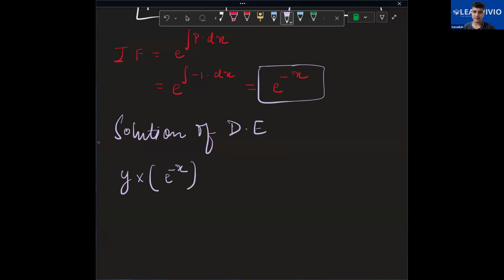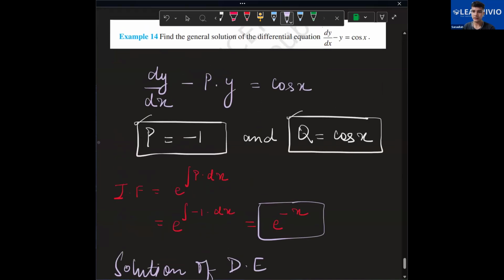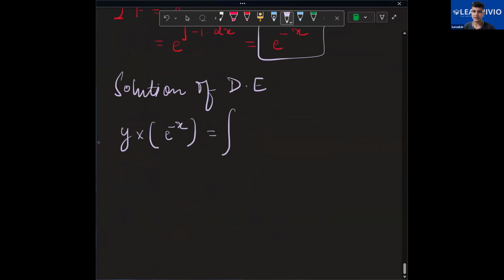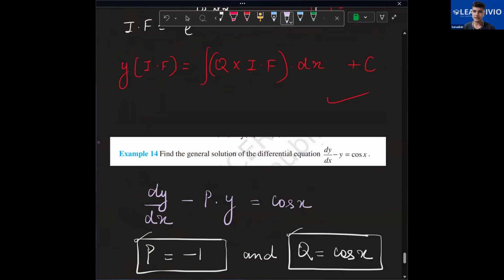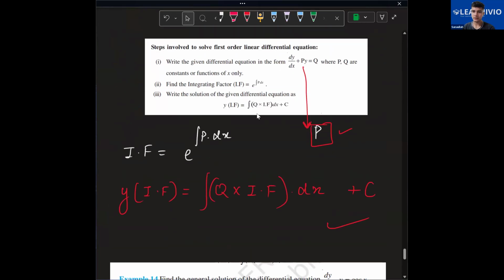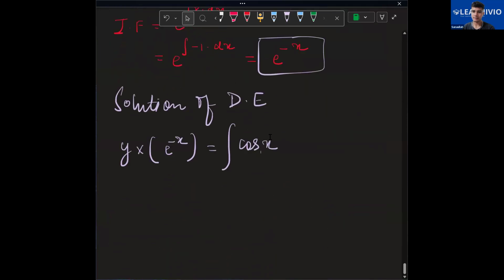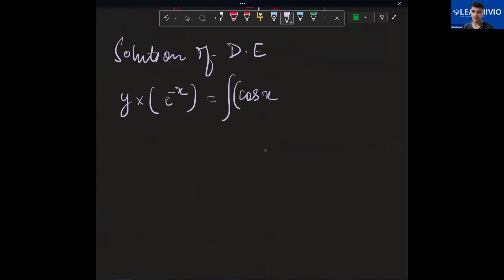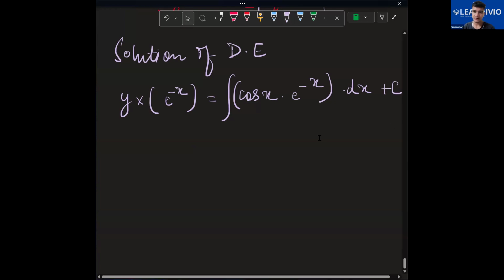It is e power minus x, and this equals integration of q into integrating factor dx. What is your value of q? Q is cos x. So the integration of cos x into e power minus x dx, with an arbitrary constant.